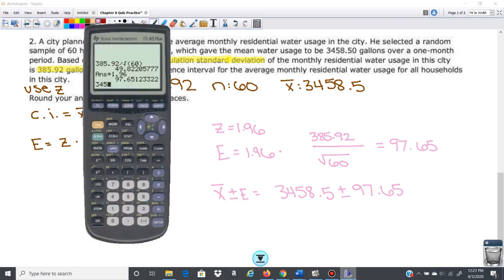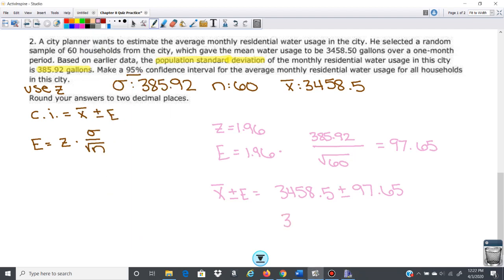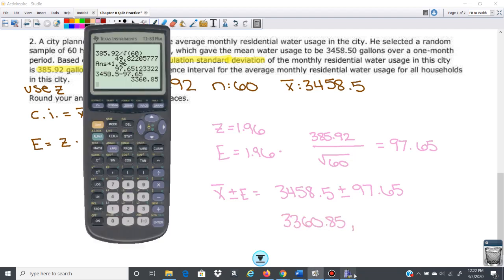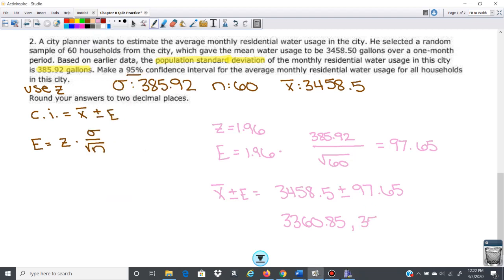Let's see what we get there. We'll start with minus, and that gives us 3,360.85. And then we'll do our plus, and that'll give us 3,556.15. Okay, so that's our confidence interval.